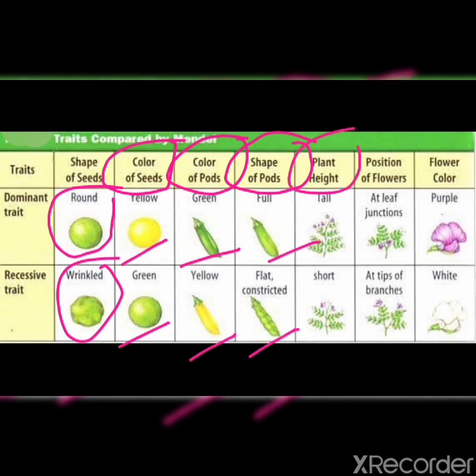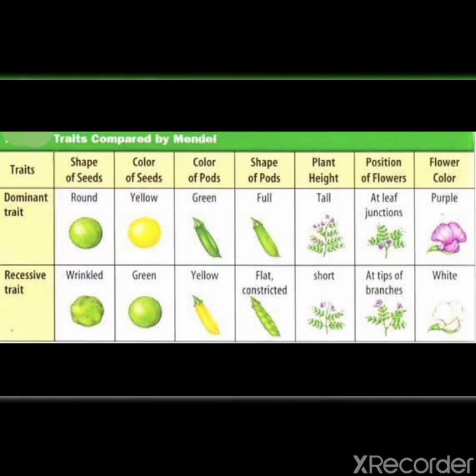Next, height. He saw 2 different heights in a particular pea plant. One tall plant, another one short plant. Next character was position of flowers. Here the flower is present at the leaf junction, that is, the axial position. Clear, children? Axial position.